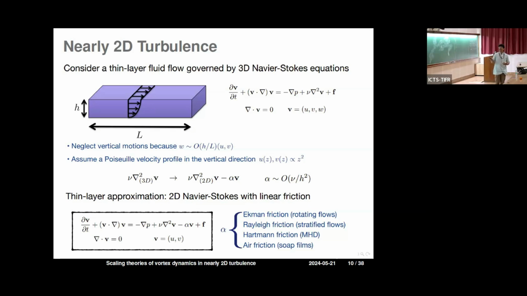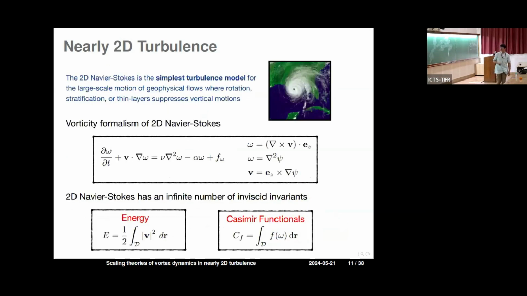One can pretend to convert 3D into 2D with additional friction terms, like Ekman, Rayleigh, Hartmann, or whatever kind of friction. So one can establish 2D fields to understand this turbulence dynamics.